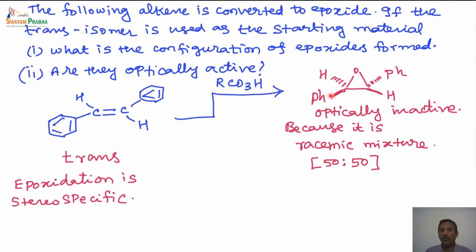This product is going to be optically inactive because we are going to get a racemic mixture, a 50-50 product is formed. That is the reason this is actually going to be optically inactive. But the product obtained is a stereospecific product where these two phenyl groups are in trans orientation because they are present in trans orientation in the starting material.